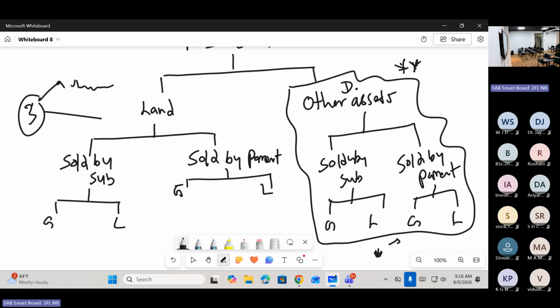Fill the blank: it is not an expense, it is a deduction from the equity statement.